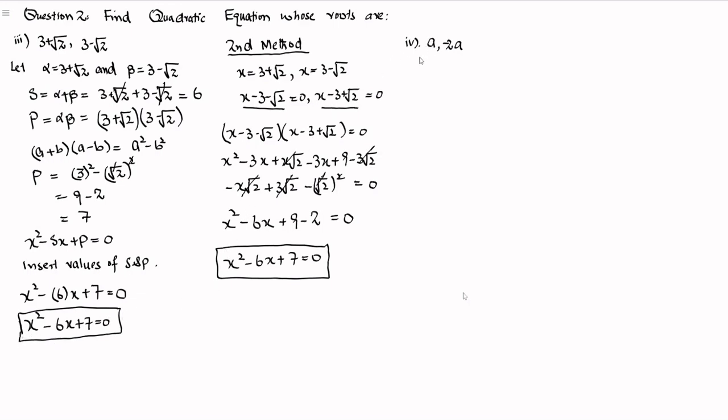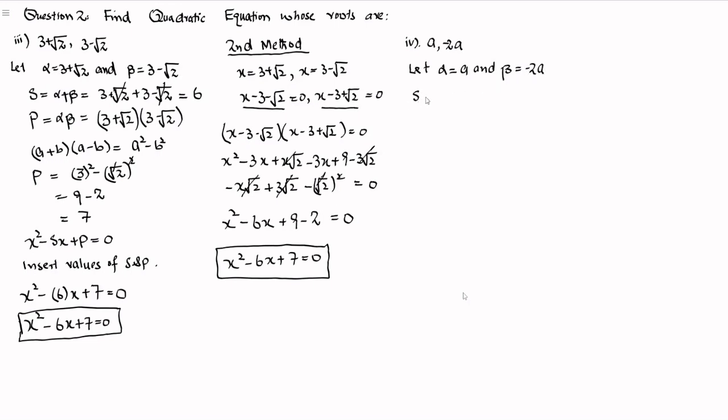Now let's solve the second part of this question, where the roots are a and minus 2a. So let's say alpha is equal to a and beta is equal to minus 2a.